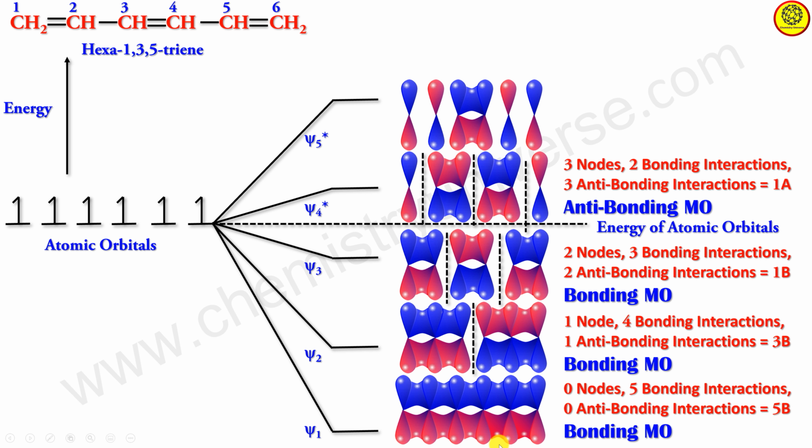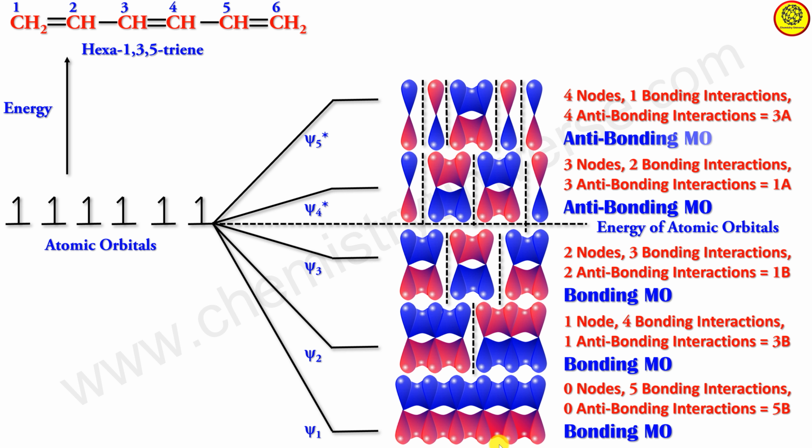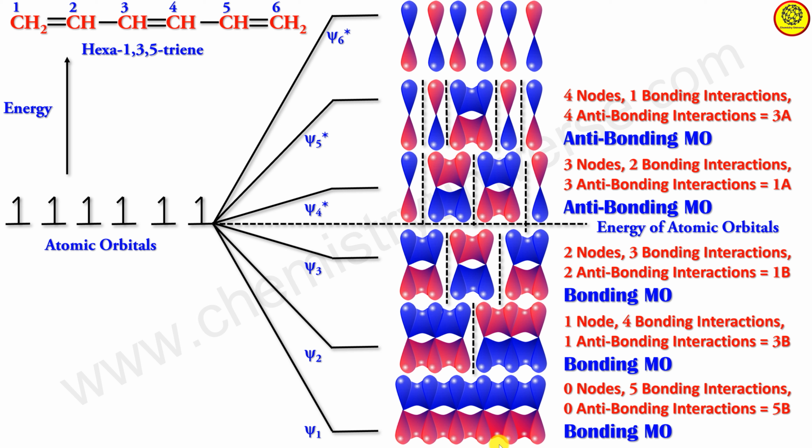So effectively 3 antibonding. And the top one, the highest in energy, all of it is antibonding. There is no bonding at all. And how many antibonding nodes do you find? 1, 2, 3, 4, 5 antibonding, 0 bonding, highest in energy.